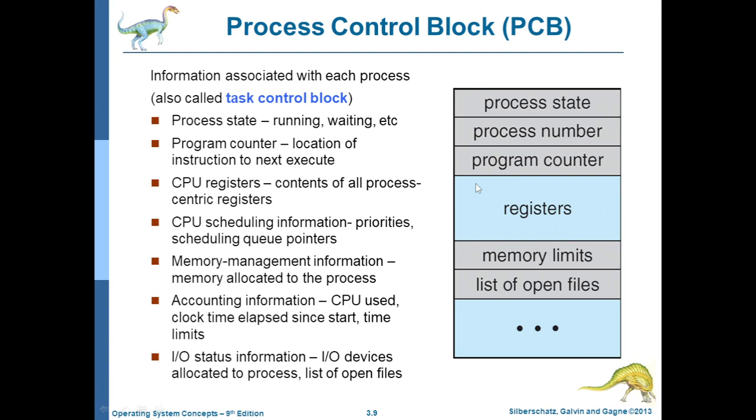CPU registers, which hold the data of all the process registers. Information of CPU scheduling like priorities or scheduling queue pointers, memory management information, accounting information, and input-output status. These data are there in the process control block.